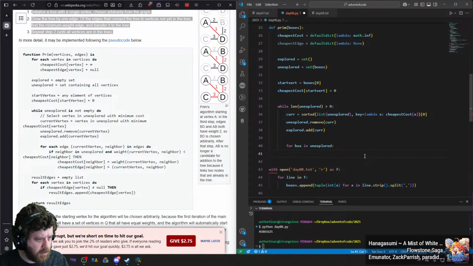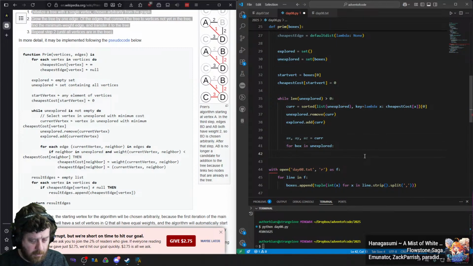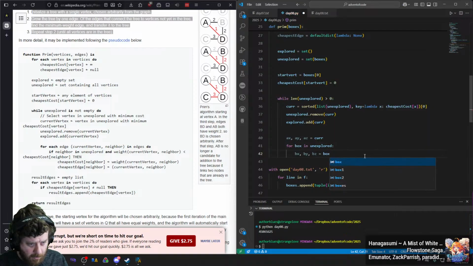If neighbor in unexplored and weight is less than... If weight is... AX, AY, AZ is current, and BX, BY, BZ is box.